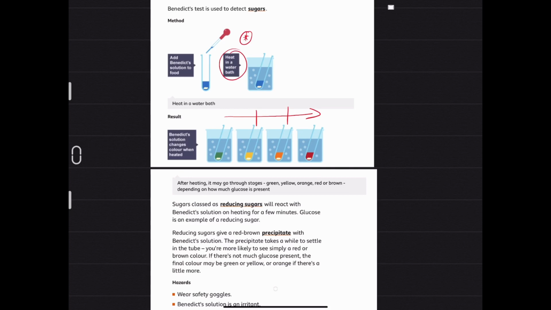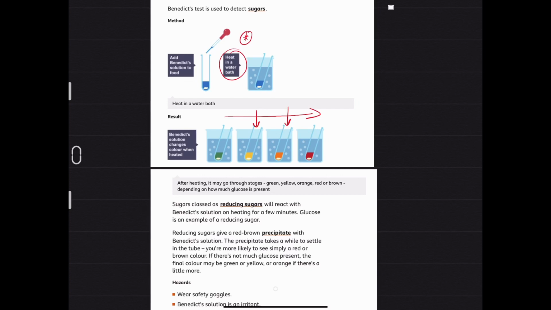So as you can see here, after heating, it may go through stages green, yellow, orange, red or brown, depending on how much glucose is present. So depending on how much reducing sugar is present, it may stop here or it may stop there. And a good positive test for a reducing sugar would be brick red. Okay, if there was no reaction, then the Benedict solution would just remain blue.